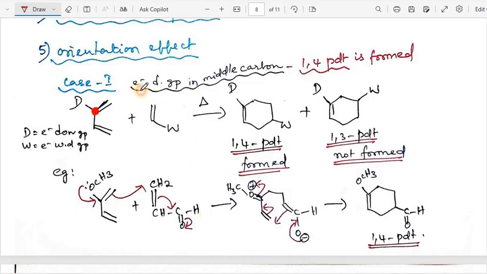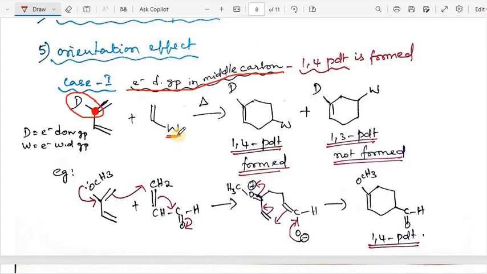Case 1: electron donating group in the middle carbon of the diene. Now I am placing an electron donating group in the middle carbon of the diene. D represents the electron donating group and W represents the electron withdrawing group. Already we have seen that the diene should have an electron donating group and the dienophile should have an electron withdrawing group. That is the standard one.